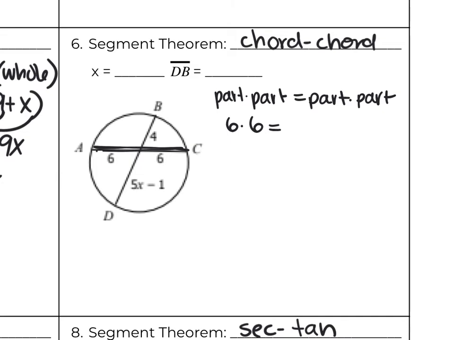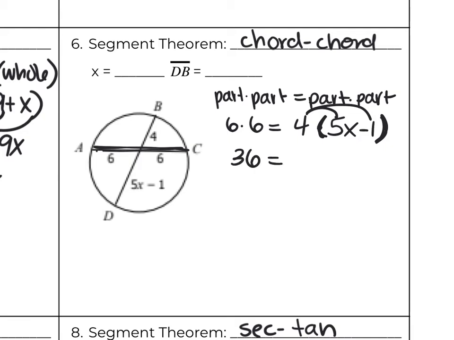Yes. Okay. Everyone look here, please. I saw this a lot. 4 times, don't write this right now. That is only multiplying 4 by the 5x. How do I make that 4 multiplied by everything? Parentheses. That's very important because you do have to distribute it. All right, so 6 times 6 is 36.